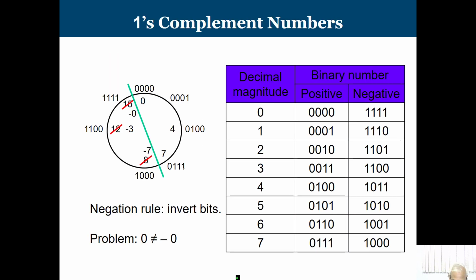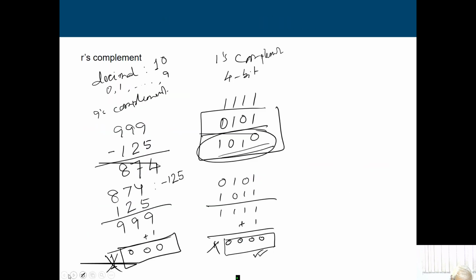This is the notion that we can have, and that is why we say that 1's complement or maybe 9's complement can be used to represent our negative numbers.